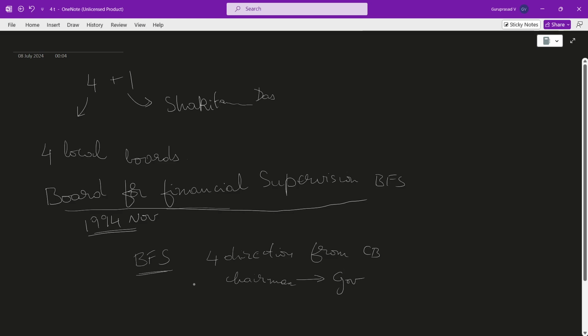Deputy governors are by default ex officio members, that is, automatically they become members. One deputy governor will be the vice chairman. Any one deputy governor, as I said, there are four deputy governors. One deputy governor would become the vice chairman for the Board for Financial Supervision.